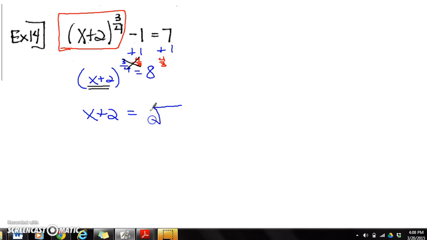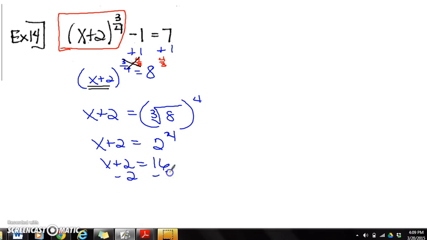And then you have the cubed root of 8 to the 4th power. Well, we just did this last question. So you're going to get x plus 2 equals the cubed root of 8 is 2 to the 4th power. So x plus 2 equals 16. Subtract the 2. X is going to equal 14. There you have it. Moving along.